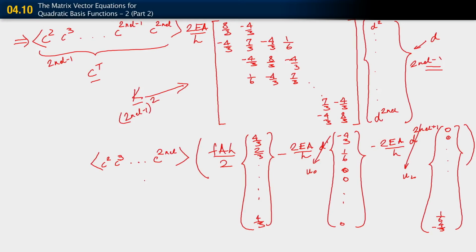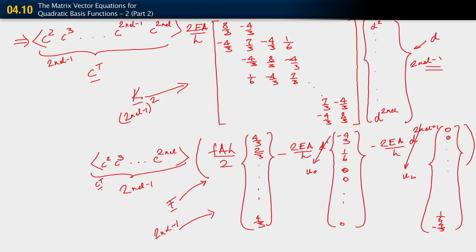It is a square matrix. C again is 2NEL minus 1. The entire vector here has dimensions 2NEL minus 1. Okay, this is our F vector. Everything sitting inside these parentheses is our F vector. This, of course, is C transpose.